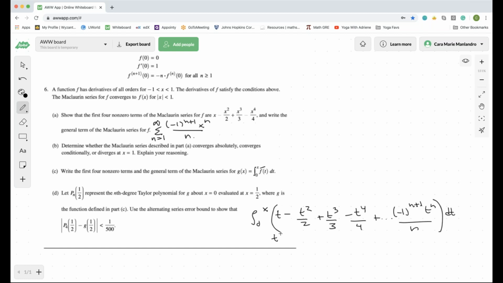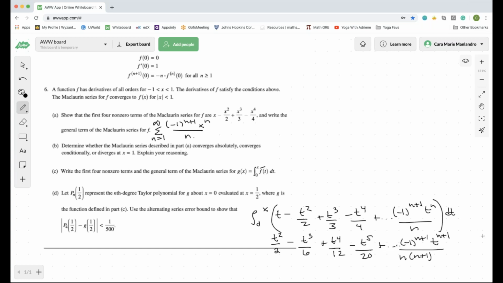All right, so t squared over 2 minus t cubed over 6 plus t to the 4th over 12 minus t to the 5th over 20. And then this thing becomes negative 1 to the n plus 1 t to the n plus 1 over n times n plus 1.